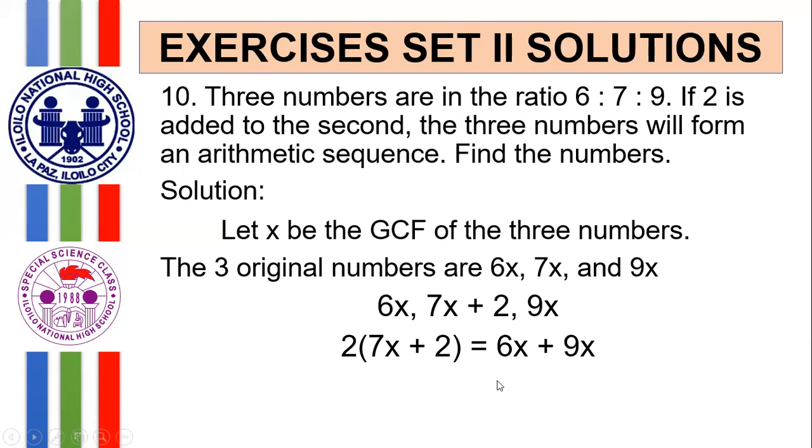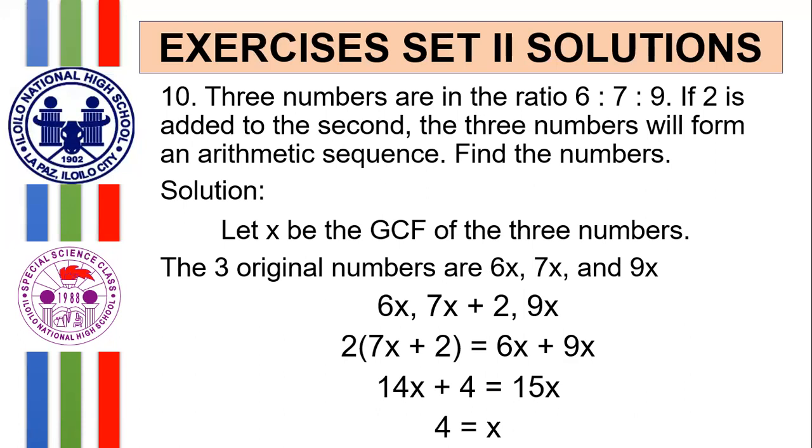Multiplying the left-hand side, that gives you 14x plus 4, equals 6x plus 9x, which is 15x. And from here, I subtracted both sides by 14x, so 4 is equal to x. All right.